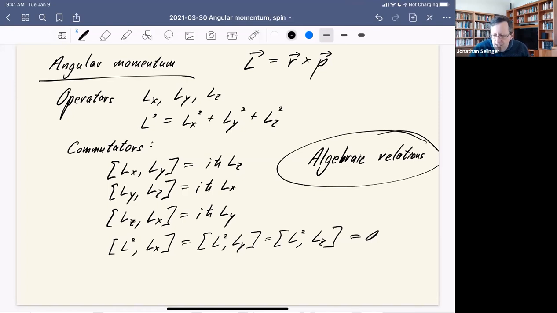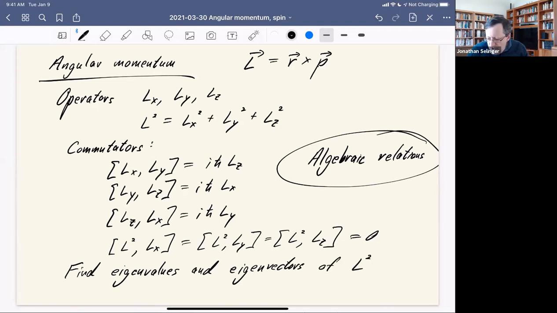Based on these commutators, let's find eigenvalues and eigenvectors, or eigenstates, of L squared.